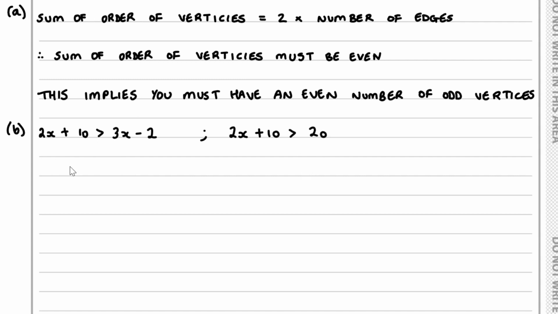So if I solve this inequality, we've got 12 being greater than x, and if I solve this one, we've got 2x being greater than 10, and therefore x is greater than 5. So let's just write this down as a whole solution. We've got x in between 5 and 12.